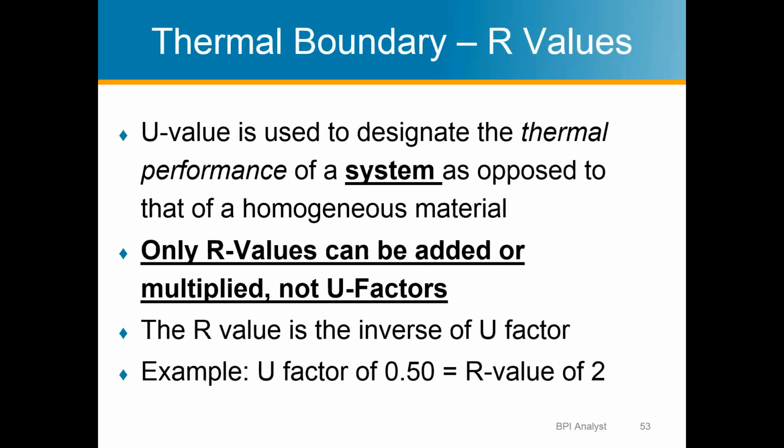So the U value is typically used when we talk about windows. I think it's interesting that we use U value for a window and R value for a wall. And I always think that we do that so that people don't realize how lousy their very expensive windows are.